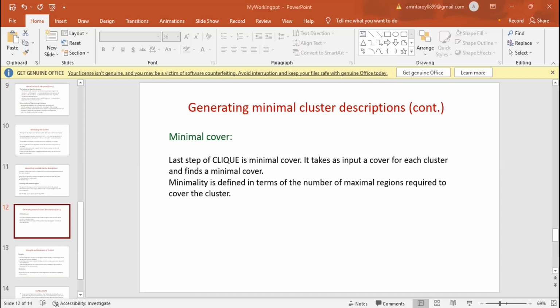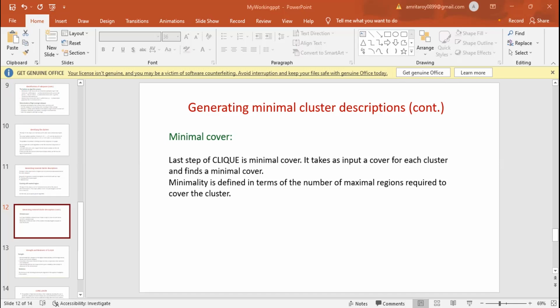Now, CLIQUE's goal is to identify the dense n-dimensional units. So, CLIQUE finds dense units of higher dimensionality by finding the dense units in the subspaces. For example, if we are dealing with three-dimensional space, CLIQUE finds the dense units in three related planes, that is, the two-dimensional subspaces. Then it intersects the extensions of the subspaces representing the dense units to form a candidate search space in which dense units of higher dimensionality would exist.